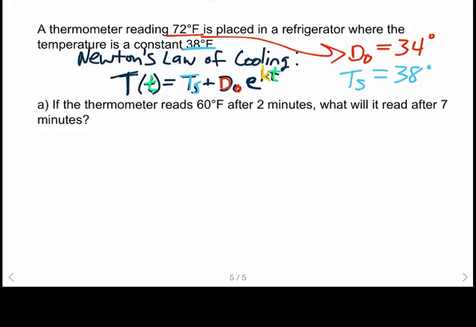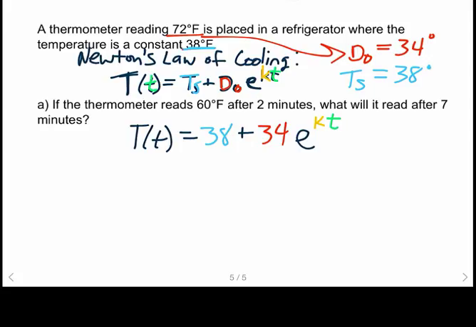Now we know what all these mean. Let's look at our model. Our model in this case is going to be T of t is equal to the surrounding temperature of 38 degrees plus the initial temperature difference of 34 times e to the k, which we're going to find, and then t is going to be an input variable.